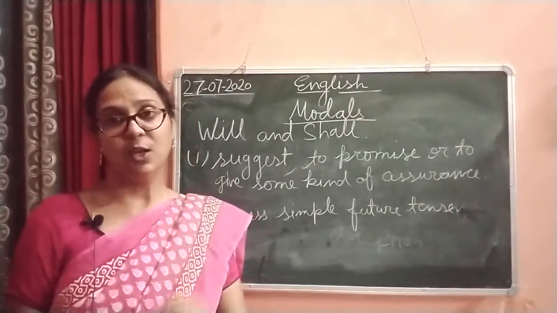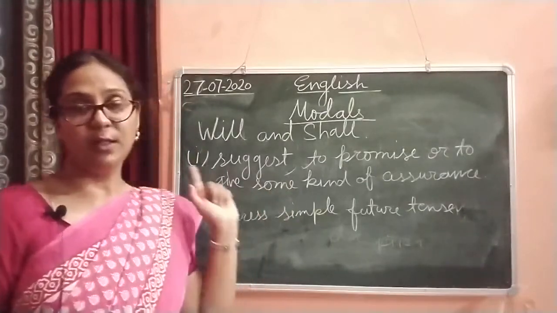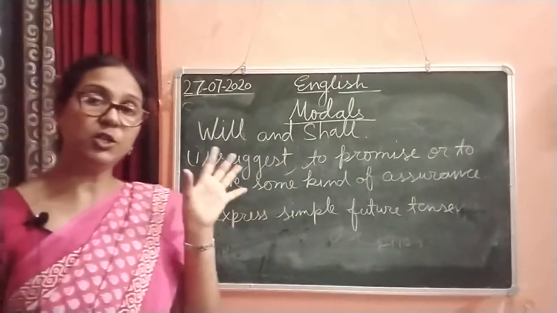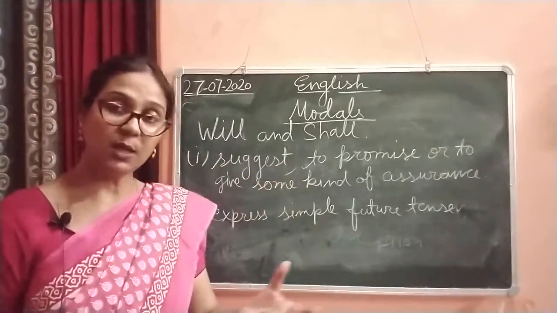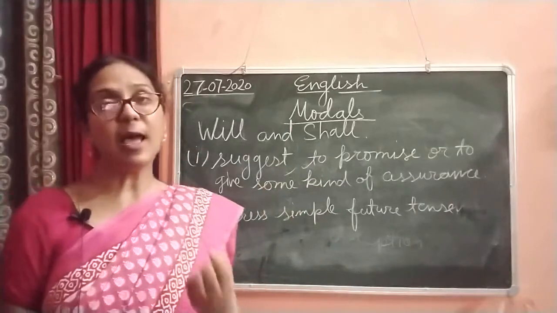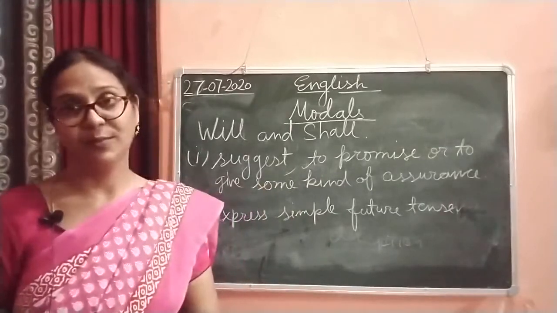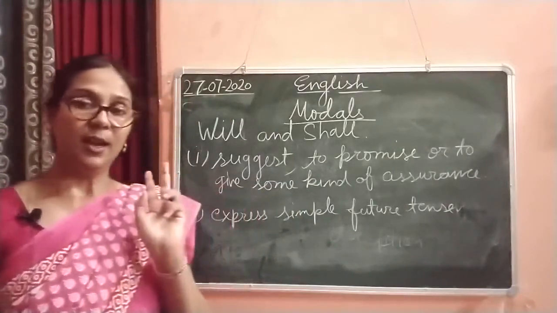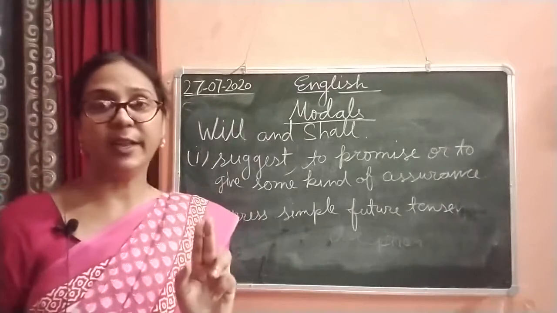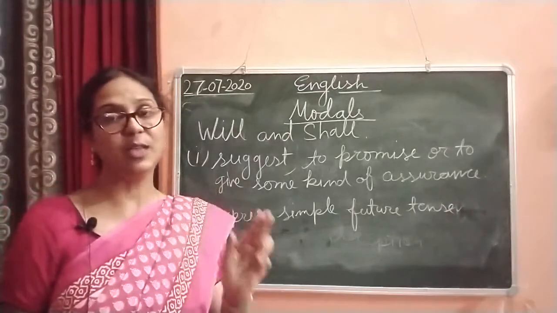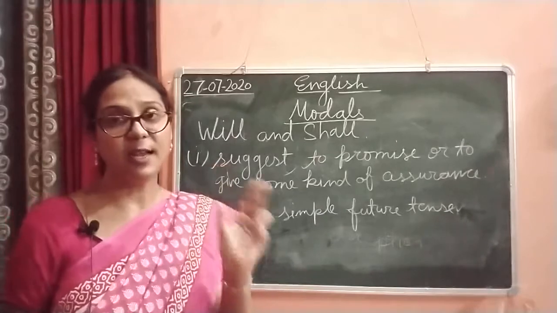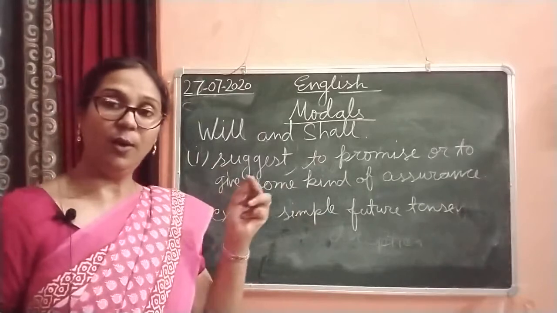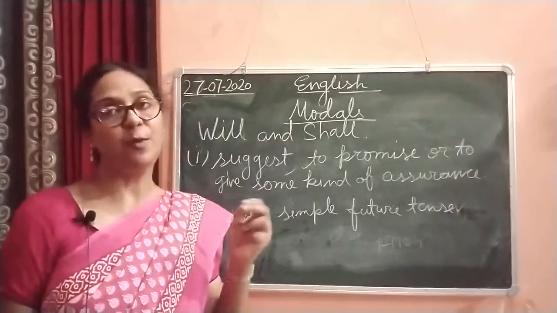So the first use of will and shall, these are modals, is to express assurance, promise and suggestions also. We have to learn this, because will and shall are not only used in the future tense, but also as modals to make sentences that express suggestions, assurance and promises.